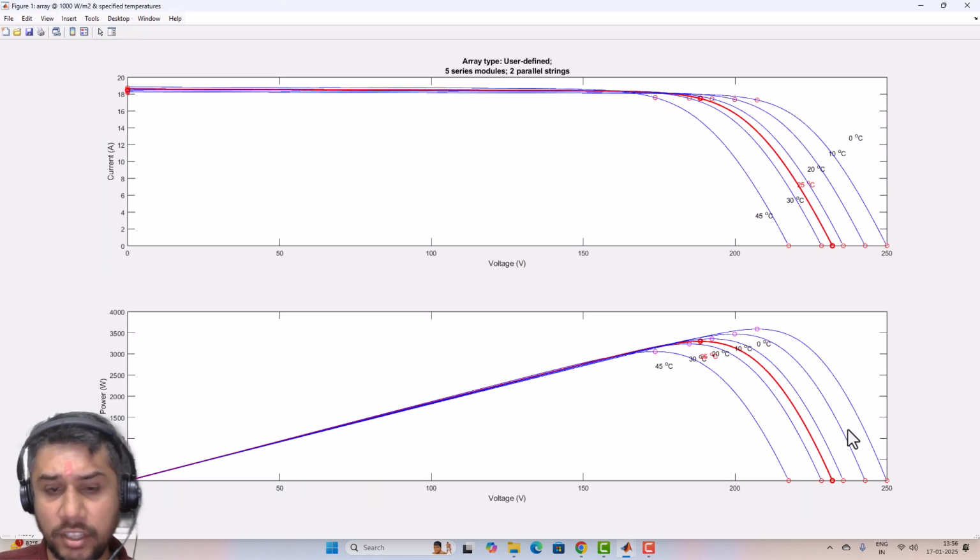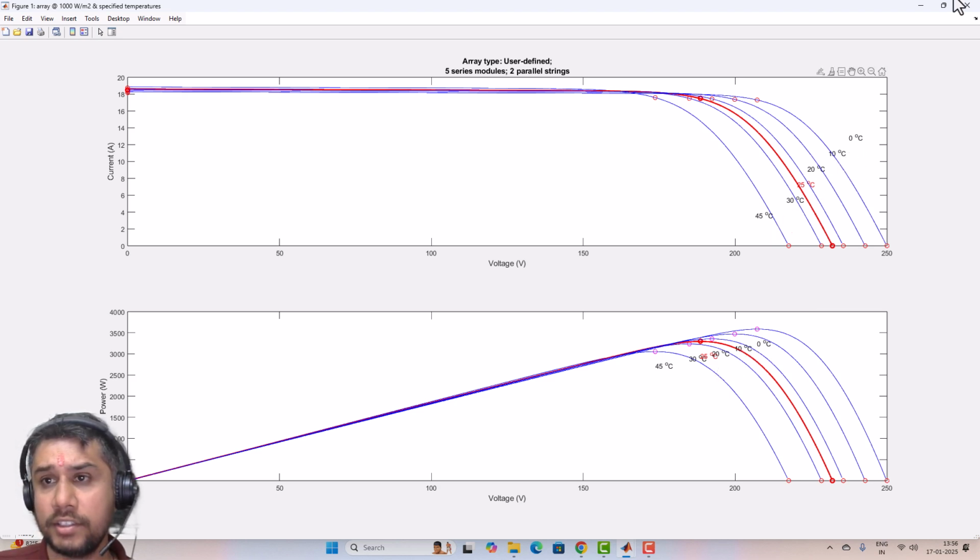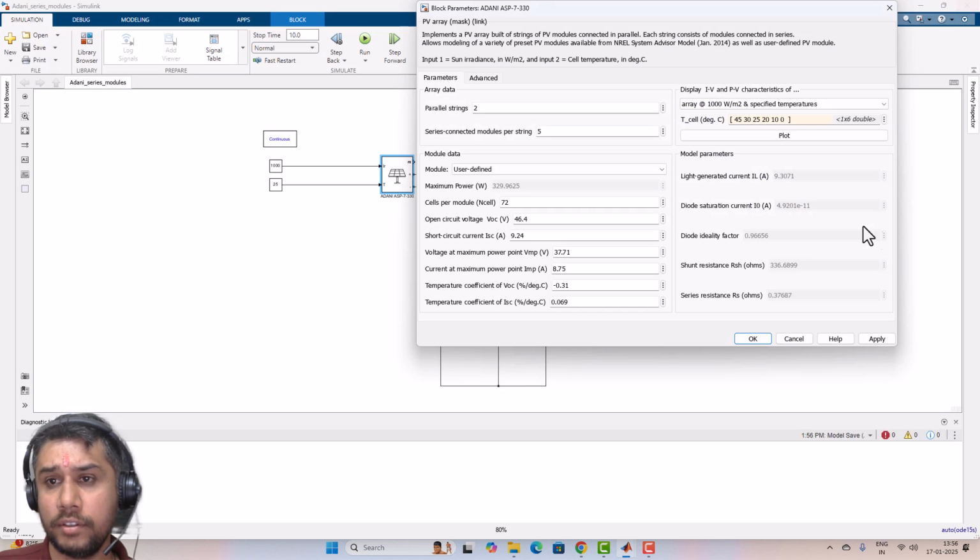So this is the effect of temperature. So lower and lower, 0 degree Celsius, 10 degree, 25, 30 and 45 degree Celsius. These are some characteristics for implementation.